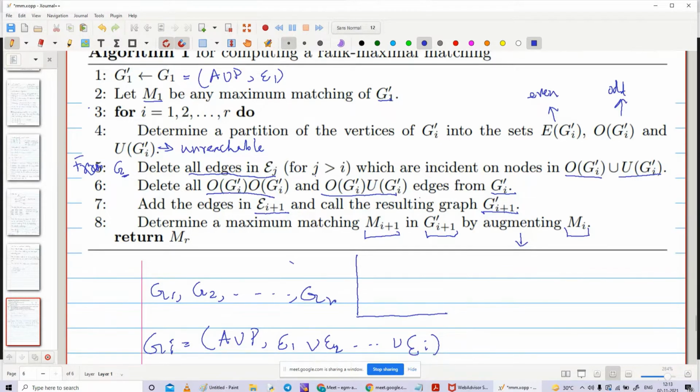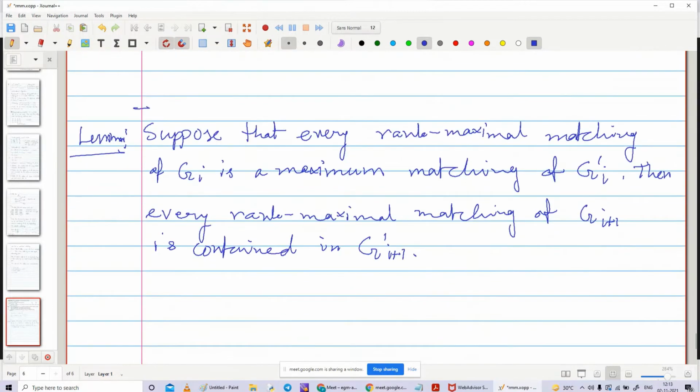So now we are going to prove that this algorithm indeed gives you a rank maximal matching. So you don't know that by removing those edges you will indeed get a rank maximal matching, right? You still don't know. Yeah. So basically we'll show that our algorithm is correct.